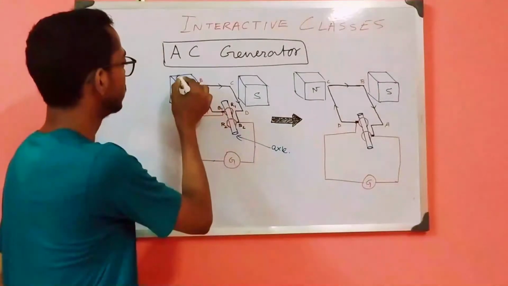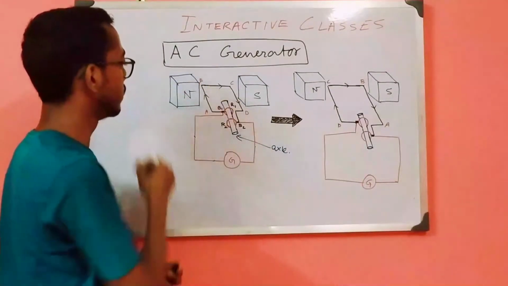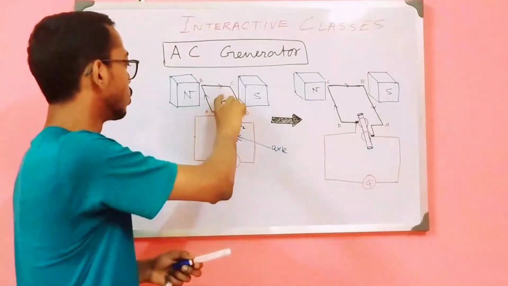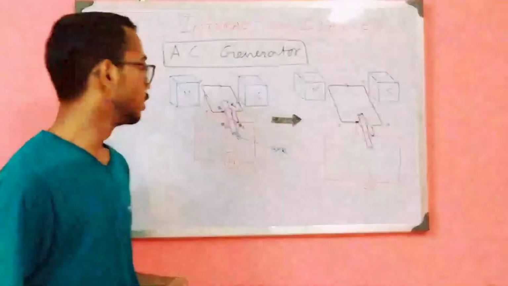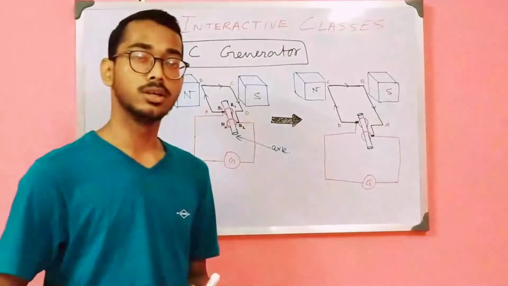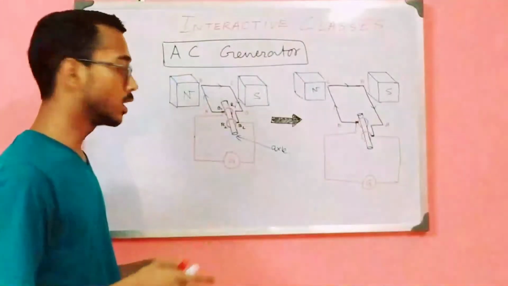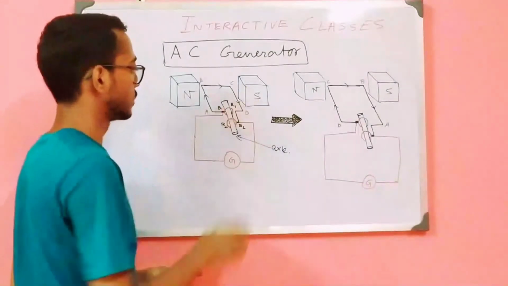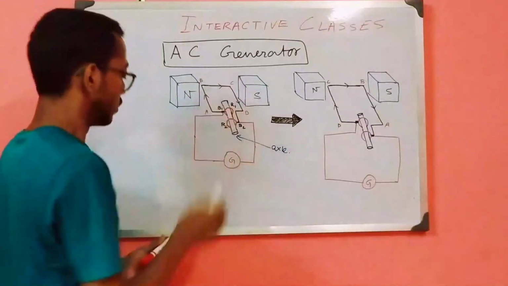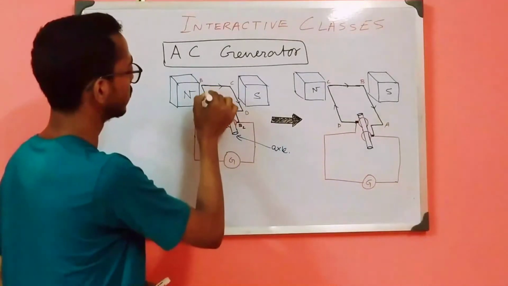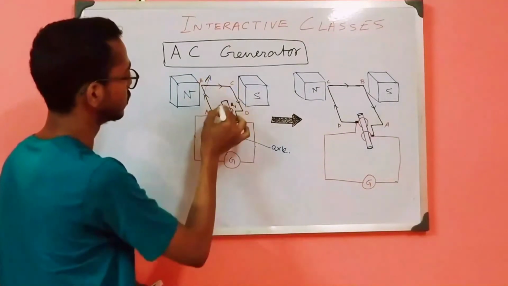We have placed this coil within this magnetic field, right? Now if we rotate this axle by a mechanical force from outside, I mean if we just rotate it with our hand or use any other power to rotate this axle, this coil gets a force and rotates within this magnetic field like this.